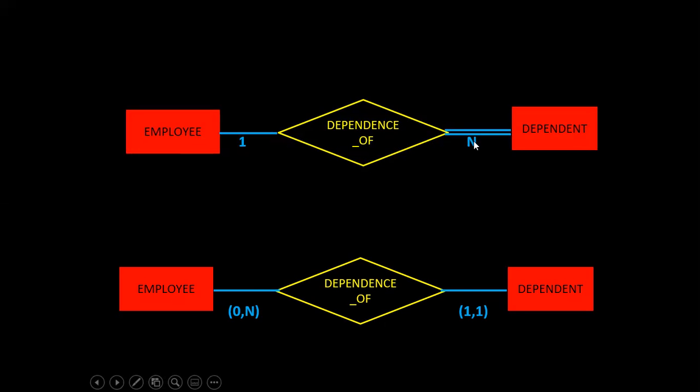To copy cardinality constraints, the right side n becomes the max value for the left side, and the left side 1 becomes the max value for the right side, between dependents of and dependent. So this is the second example. Like this we can convert the basic representation to the min-max method.